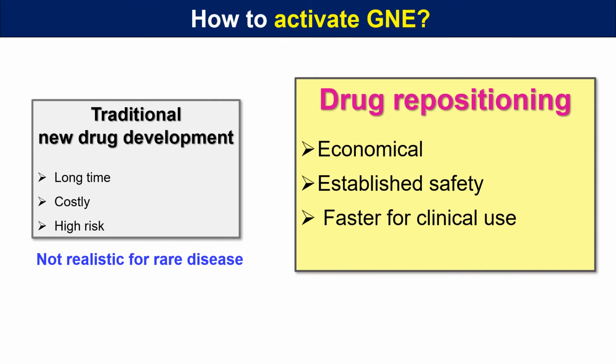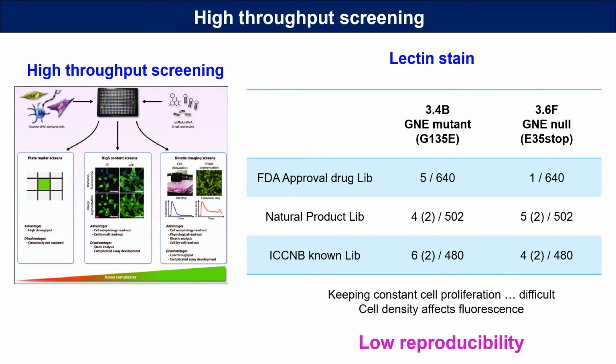But as you know, identification of a drug by drug repositioning is very difficult, especially in the field of finding an activator. And the method most commonly used is called high throughput screening. It is a method to read out luciferase or fluorescence of entire wells of cells by a plate reader.